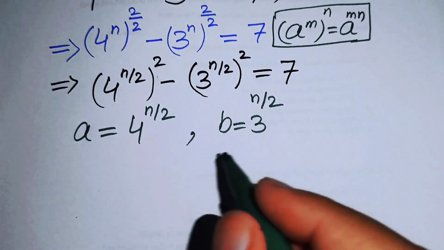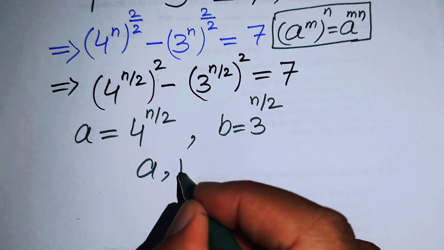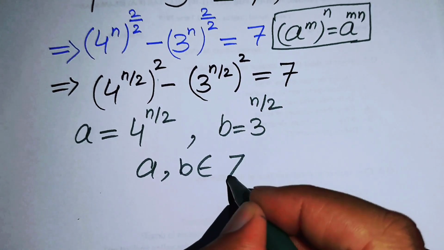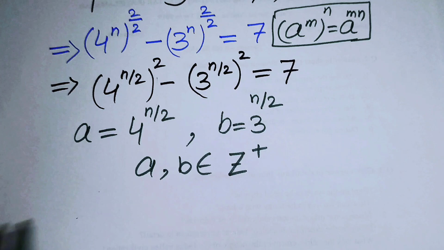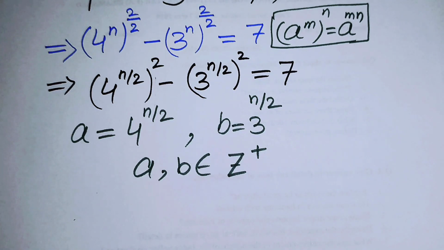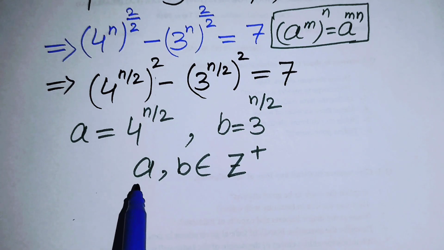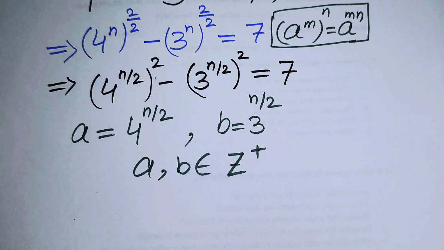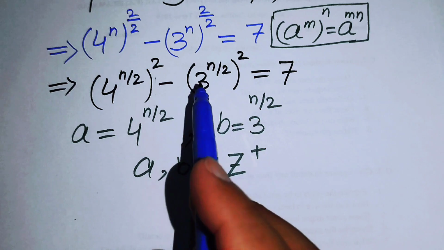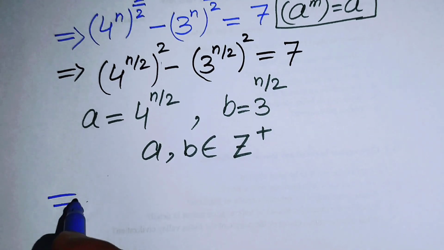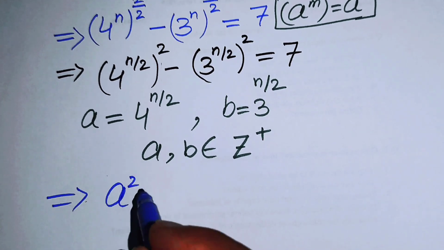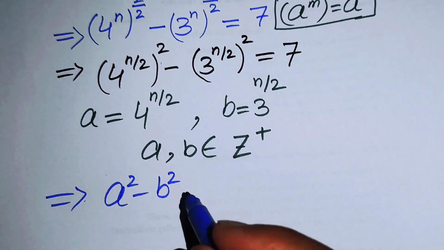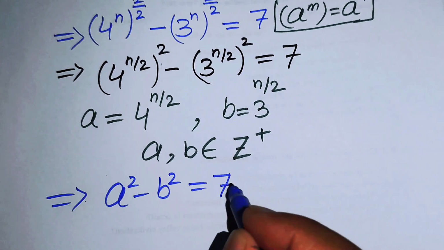And remember one thing: both a and b are positive, because exponential functions always give positive values, so both a and b cannot be negative. Now we can put a and b in this equation, and you get a squared minus b squared is equal to 7.